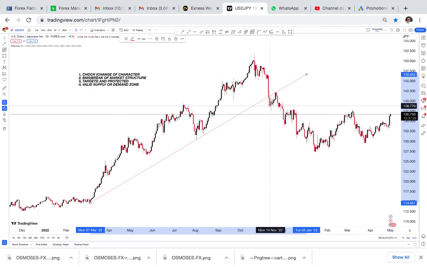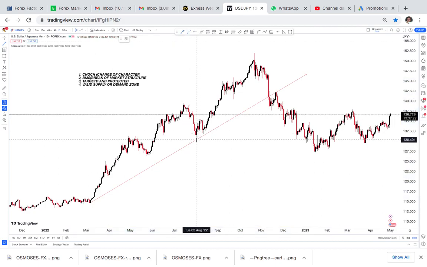We are assuming this to be a retracement, but when a market is trending upward, the lows are always protected. It's only when market is trending downward that the lows are targeted and the highs are protected.